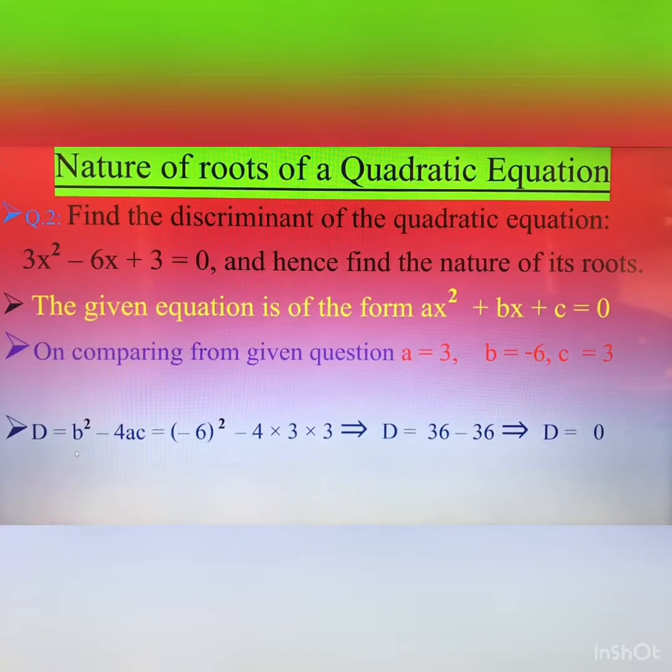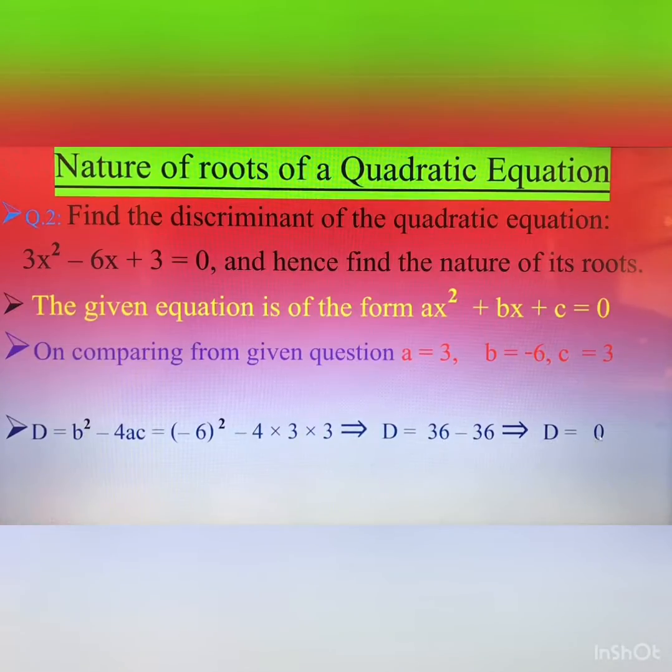So substitute the values in the discriminant, D equal to b square minus 4ac. The value of b is minus 6 whole square, and a and c are both 3. So 4 times 3 is 12, 12 times 3 is 36, and the square of minus 6 is also 36. So 36 minus 36, it means D equal to 0.